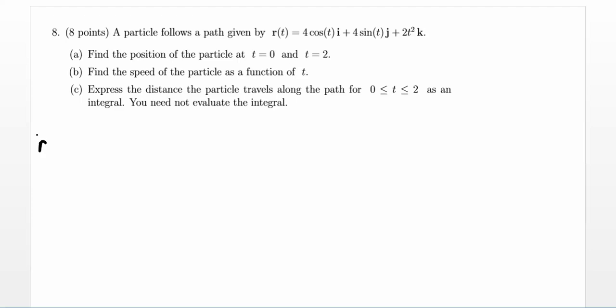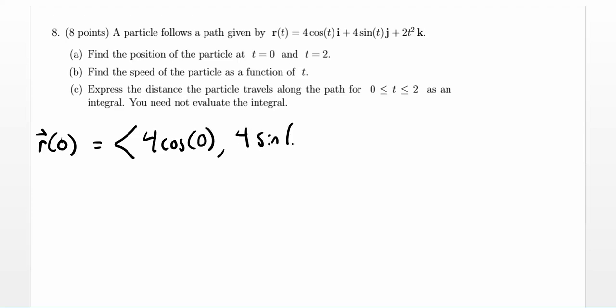So r of 0 is equal to 4 cosine of 0, 4 sine 0, 2 times 0 squared. And this vector is just 4 cosine of 0 is 4 times 1, 4 sine of 0 is 0, and then 0 here as well.